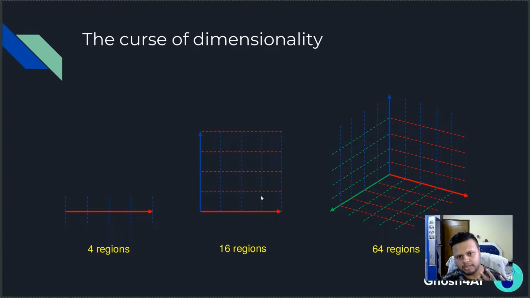If we add a third dimension, it becomes 4 cubed, that is 64. From here we can guess that as we keep on increasing the dimension, the number of regions that can have meaning increases at an exponential rate. That is, the sample has exponentially more regions to occur in.